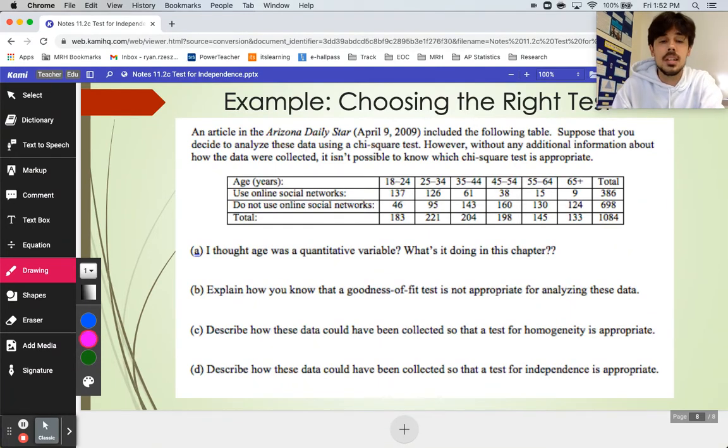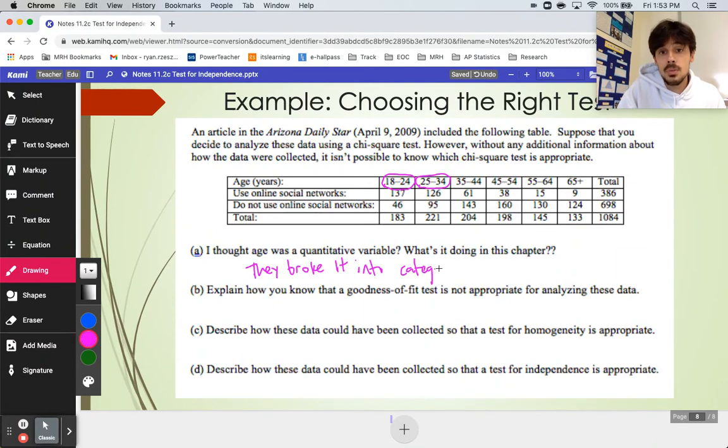But what makes it categorical is they didn't look at the actual number. They just put people into little buckets based on their age right here. So you can take a variable that's numbers and break it into chunks and make it a categorical variable, which is what's going on here. Be mindful, you do have to have categorical data to use chi-square.